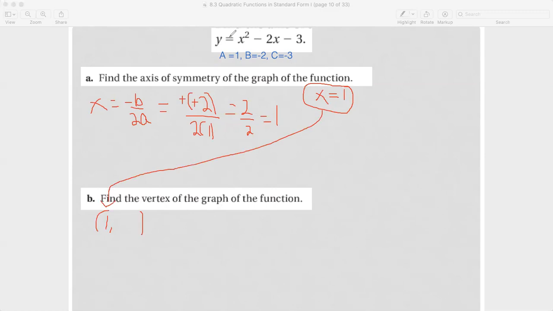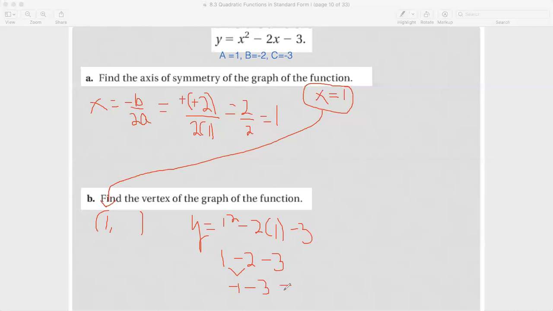To find the Y value, you plug in X in the equation to solve for Y. So it'd be Y equals 1 squared minus 2 times 1 minus 3. So that would be 1 minus 2 minus 3. All right, so let's see, a lot of negatives here. 1 minus 2 is a negative 1, and then minus 3.